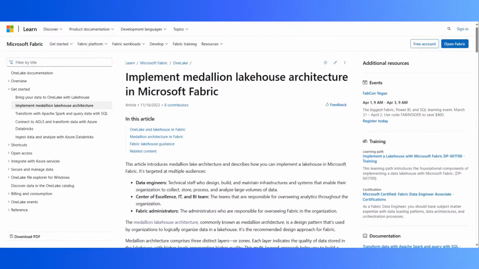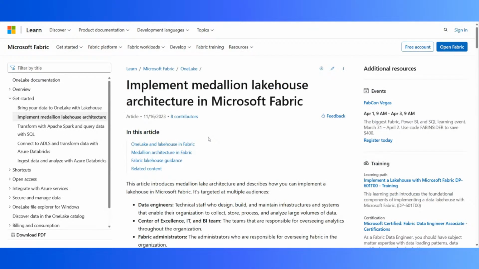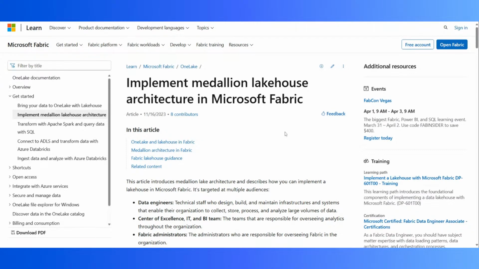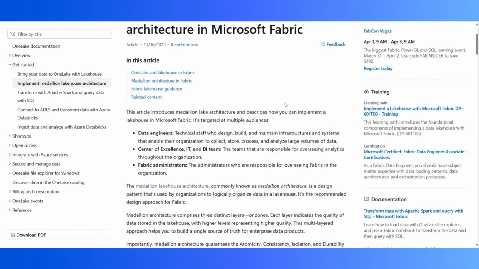If you were going to implement a Medallion architecture in Microsoft Fabric, you might decide to combine the Lakehouse and the Warehouse data stores, or you might want to stick to one of them.